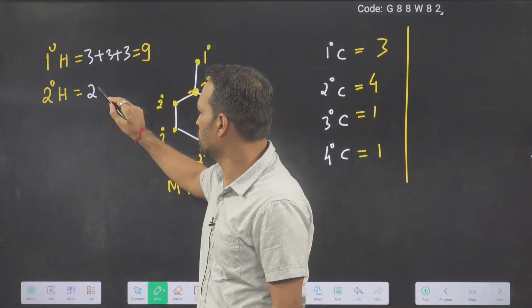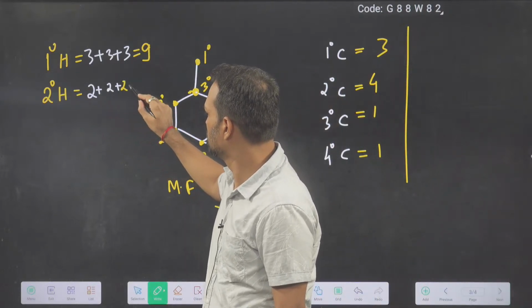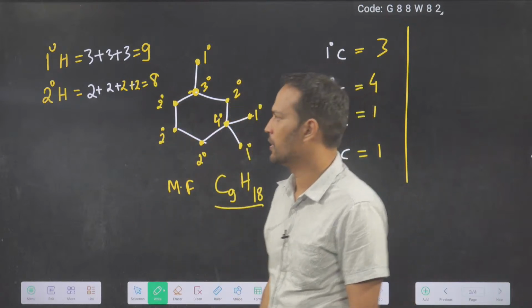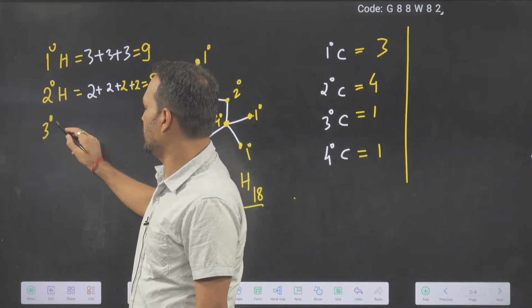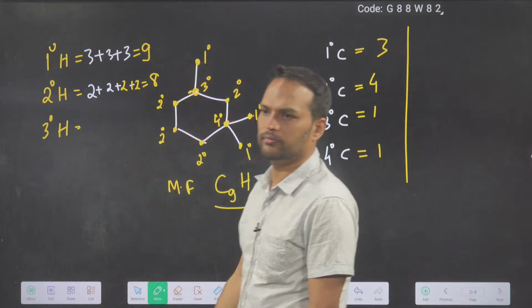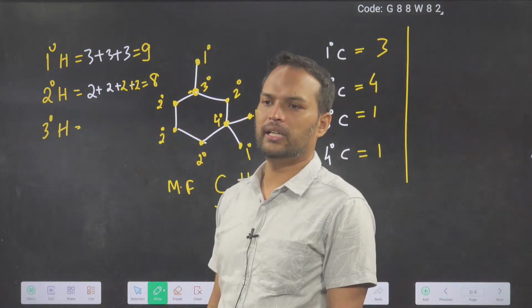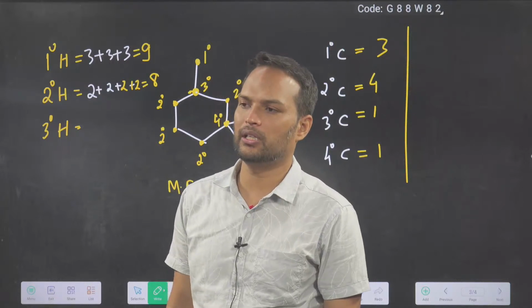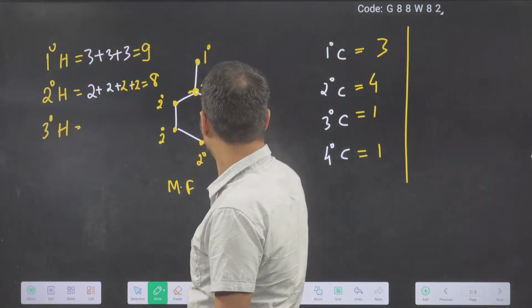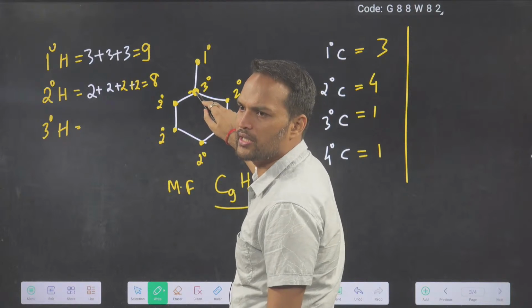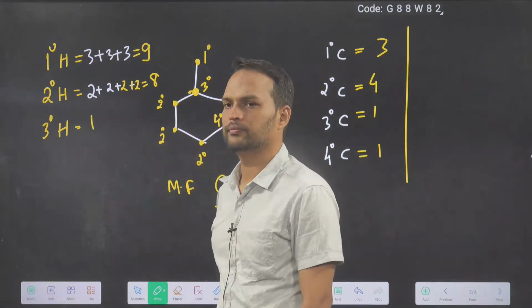So 2, 2, 2, 2, so this is 8. Now tell me, 3 degree hydrogen, how many? You will say, sir, here, and only 1 hydrogen is there. So 1.